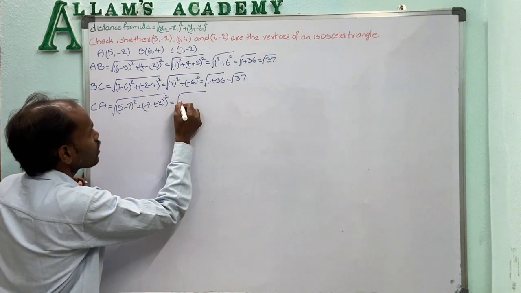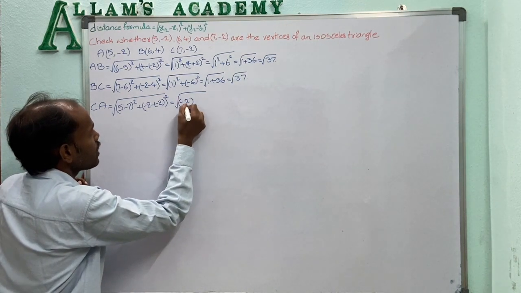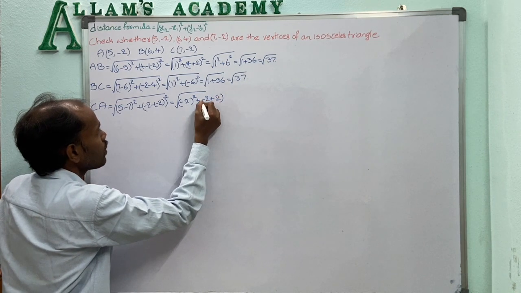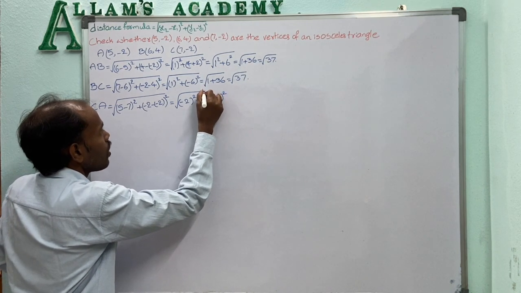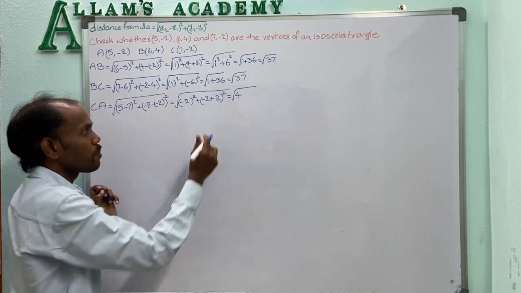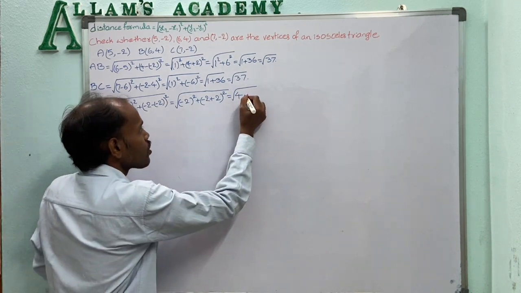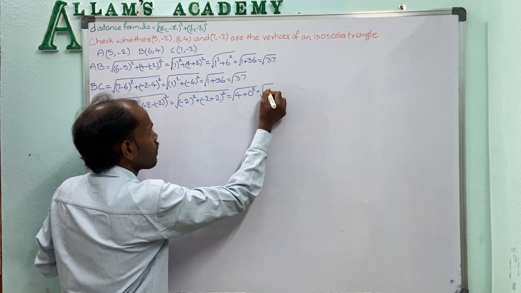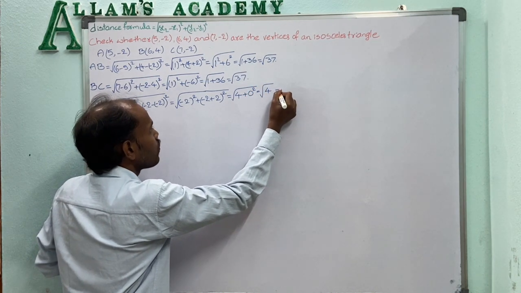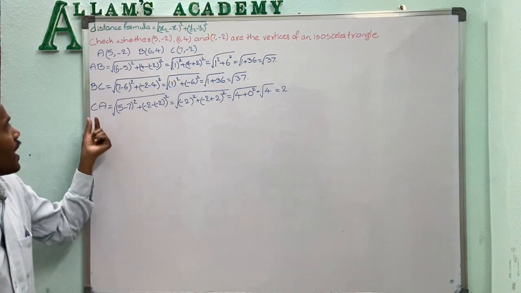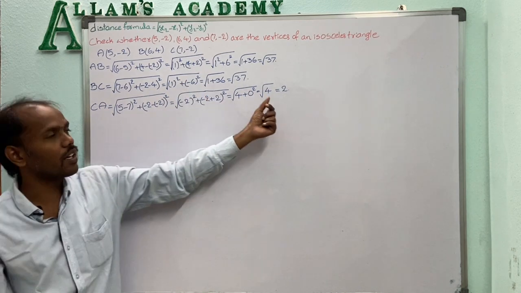So under root (minus 2) whole square plus (minus 2 plus 2) whole square. (minus 2) whole square equals 4, minus 2 plus 2 equals 0. So 0 square is nothing but 0. So 0 plus 4 equals 4, that is root 4. Root 4 is nothing but 2. Now the length of the side CA equals 2.